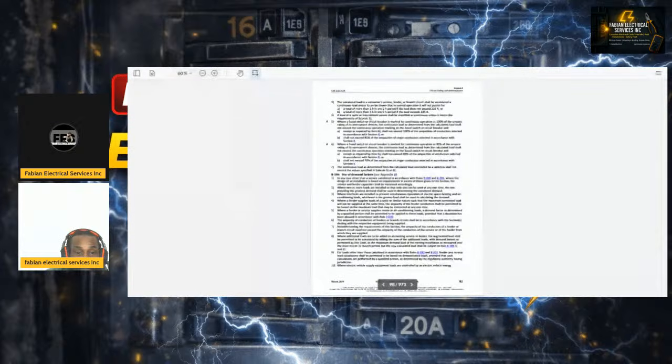Where a fuse switch or circuit breaker is marked for continuous operation at 80% of the ampere rating of its overcurrent device, the continuous load as determined from the calculated load shall not exceed the continuous operation marking on the fuse switch or circuit breaker.